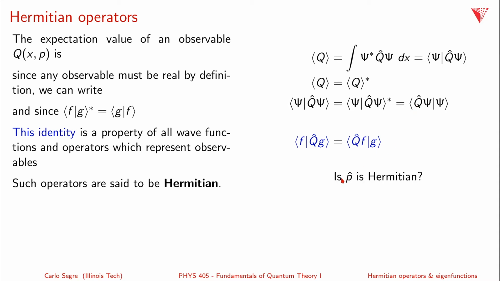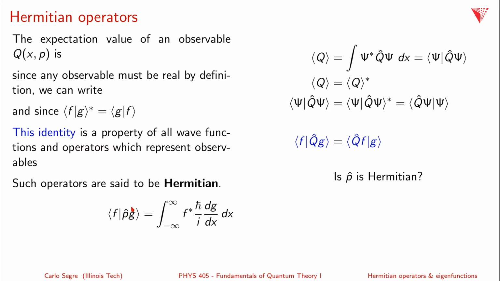So let's take a look at some operators that we know about. Is p Hermitian? We can tell that by writing down bra f, ket pg, which we can write as an integral from minus infinity to infinity of f star, h bar over i, dg dx, integrated by dx.